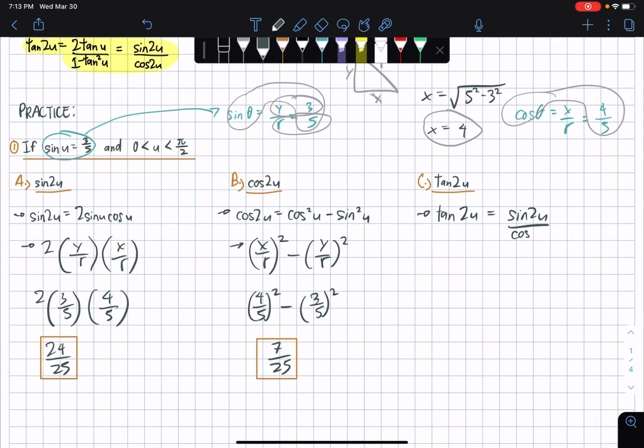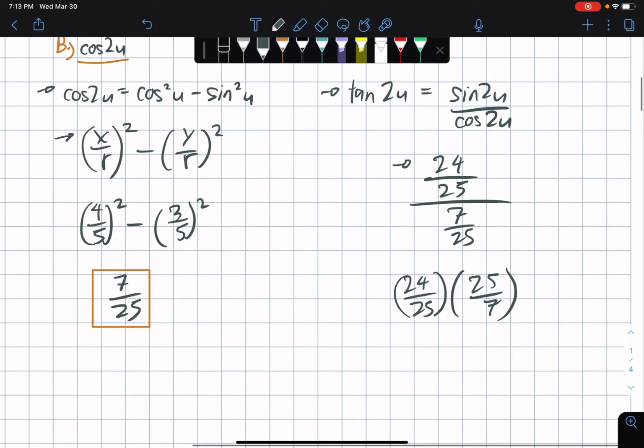So sine 2u over cos 2u. Just substitute the values. Sine 2u is 24 over 25, then cos 2u is 7 over 25. 24 over 25 times 25 over 7, of course reciprocating in order to simplify the complex fraction. Cancel like terms. We get 24 over 7.